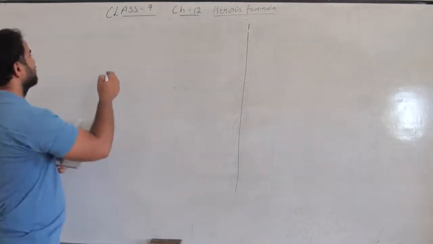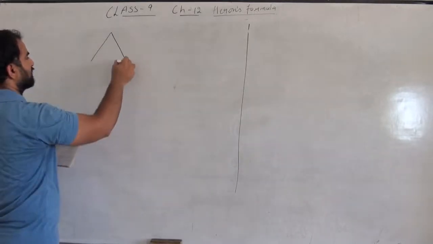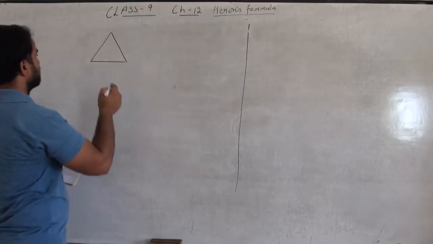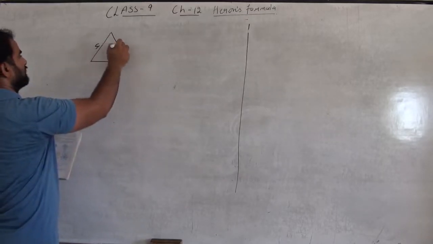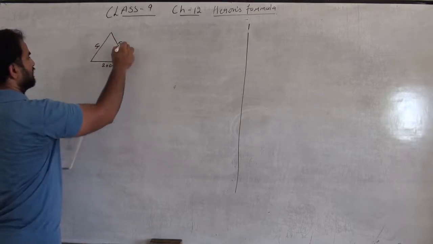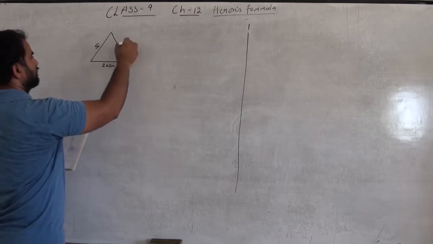Okay, so the area of each triangular piece: this is 50, this is also 50 and this is 20 centimeter.